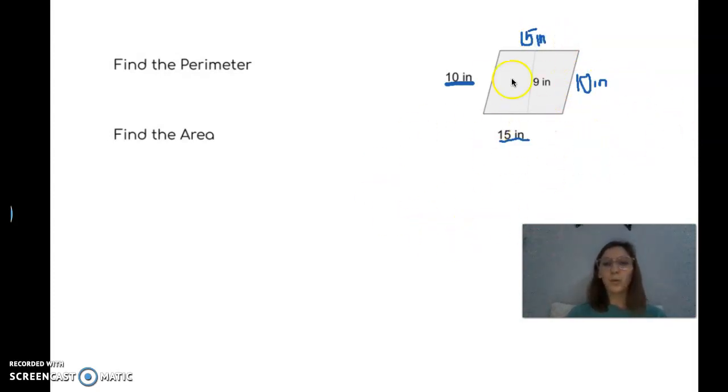Alright, so what is 10 plus 10? This is really difficult. Nice. 20. Alright, and 15 plus 15 is 30. Good. Equals, someone equals 50.